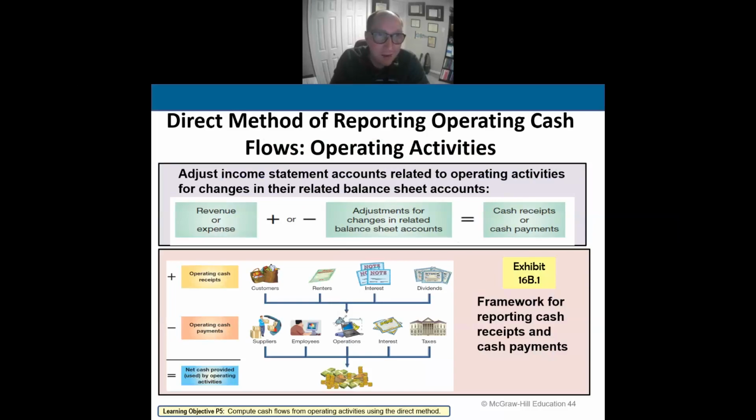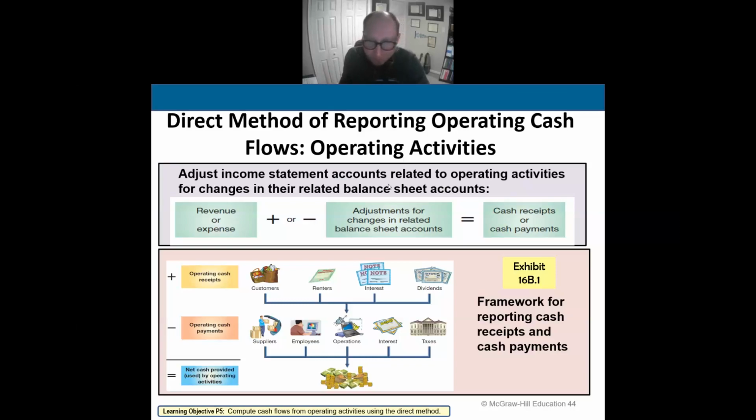Okay, and this one just kind of shows us the impact of the changes and the adjustments that sometimes we have to make. Revenue or expenses plus or minus any adjustments gives us the cash receipts or payments. Cash receipts minus operating equals net cash flow operating activities.